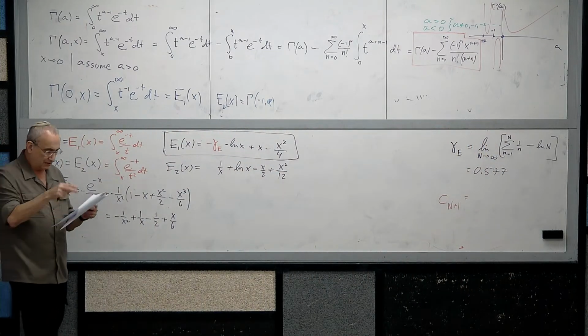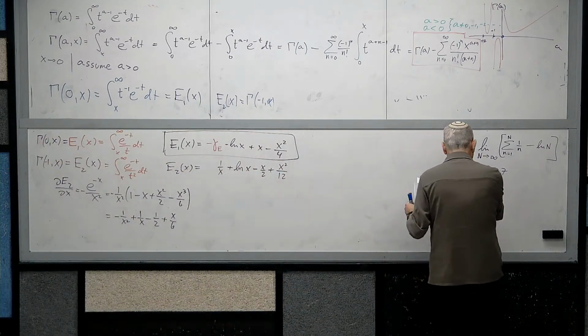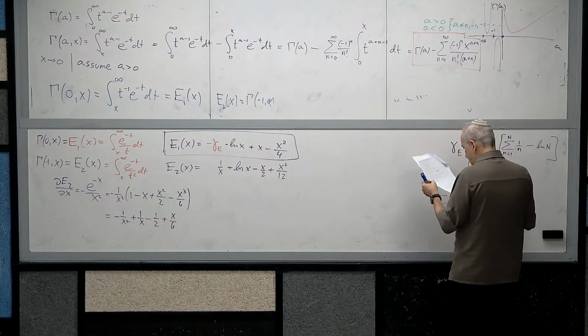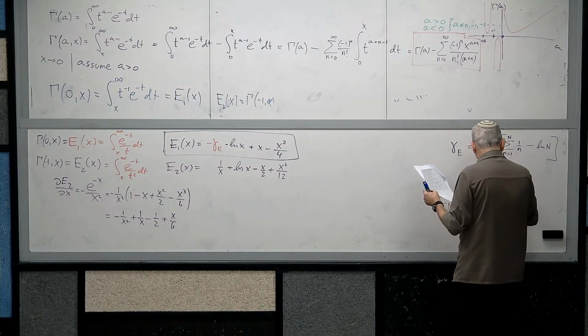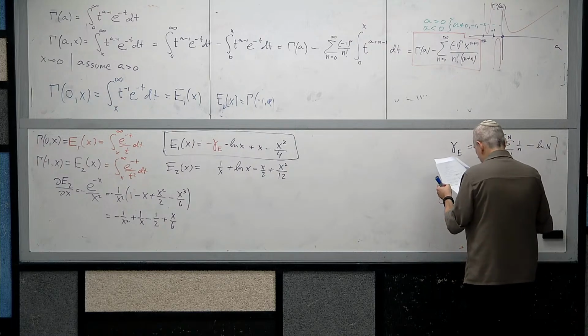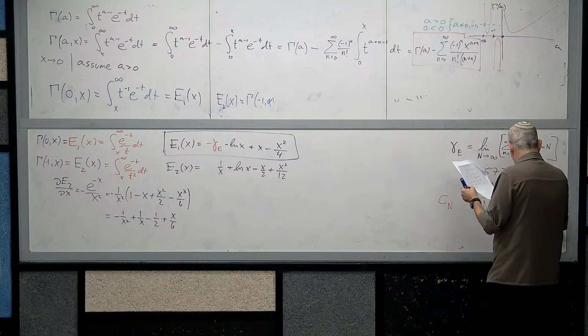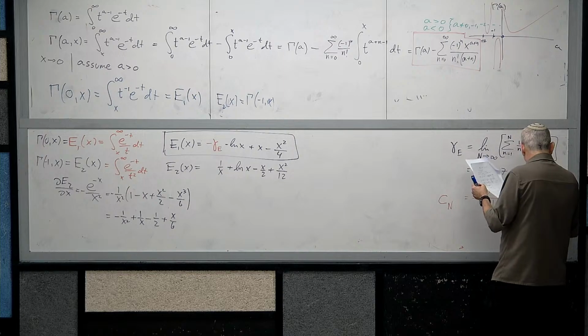And this is minus 1 to the power of n plus 1 over n factorial times gamma Euler minus the sum from n equals 1 to capital N of 1 over n.